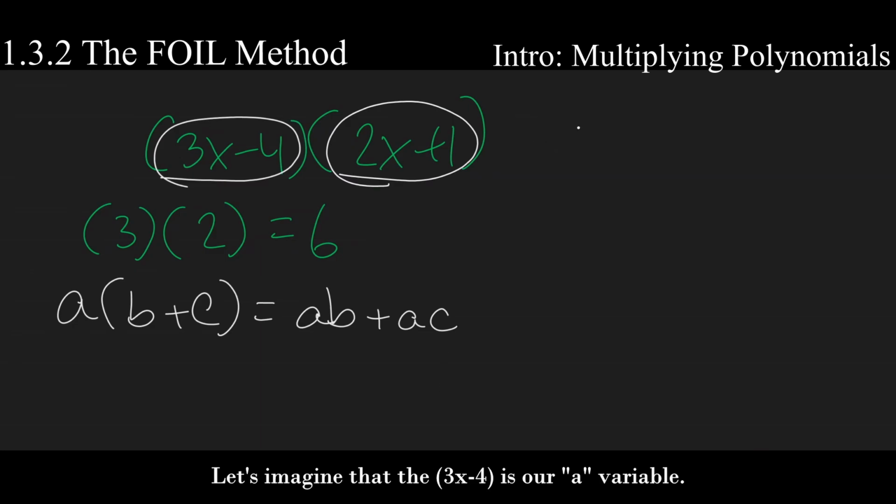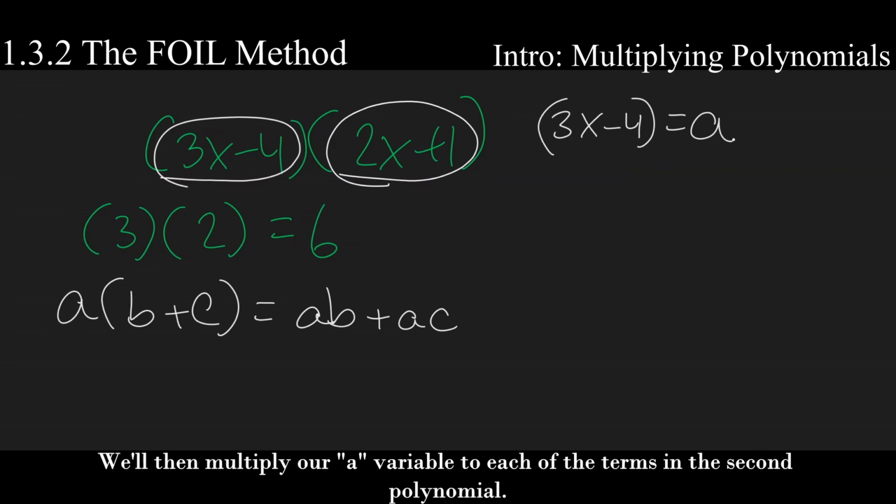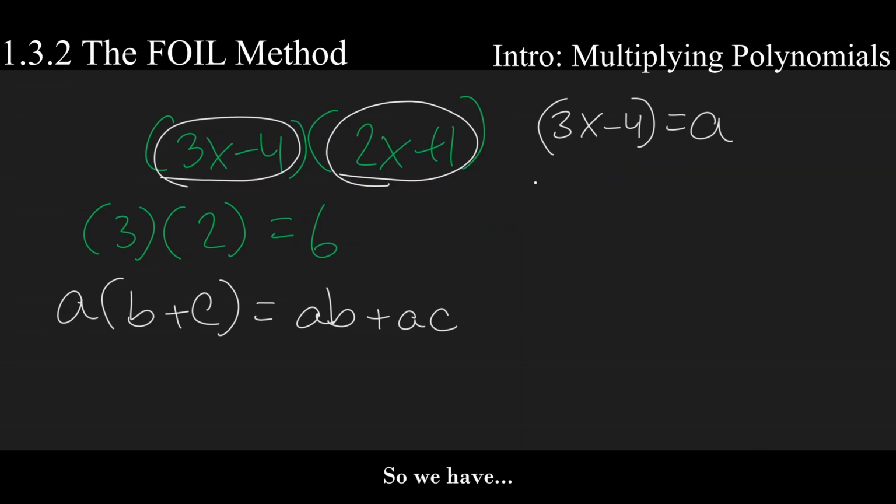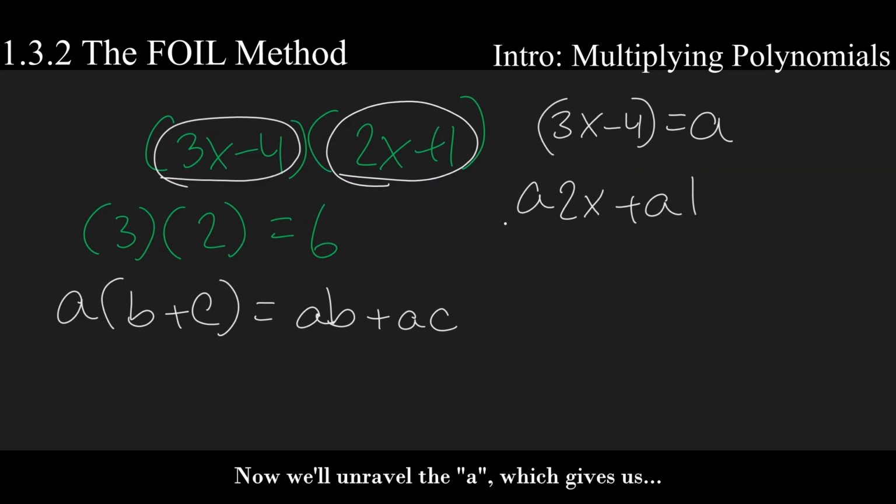Let's imagine that the 3x minus 4 is our a variable. We'll then multiply our a variable to each of the terms in the second polynomial. So we have a times 2x plus a times 1. Now we'll unravel the a, which gives us (3x minus 4) times 2x plus (3x minus 4) times 1.